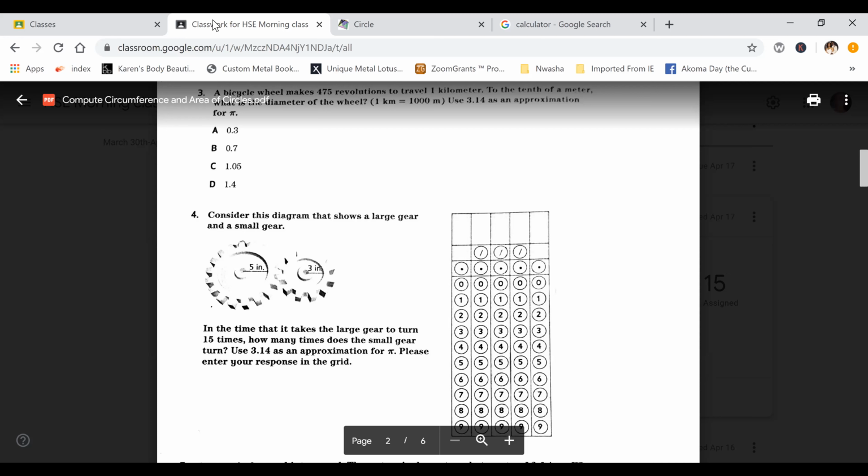So then you're just going to enter, this is not multiple choice. So how would you figure this one out? How far would the large gear go in 15 rotations?